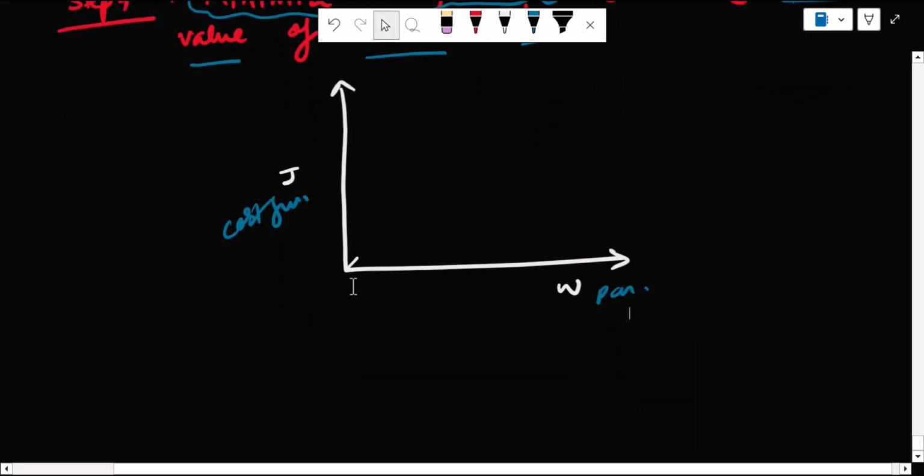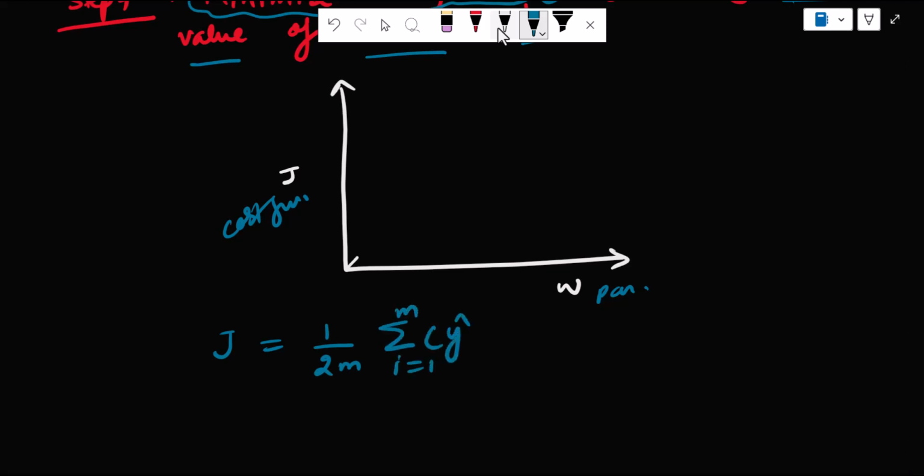To draw this curve, let's see the relationship between J and w. Again, J is equal to 1 upon 2m sum of i is equal to 1 to m (y hat minus y) whole square, and we know that y hat is equal to wx plus b.